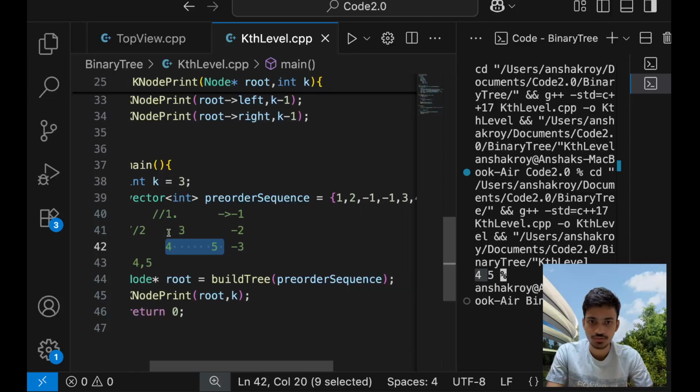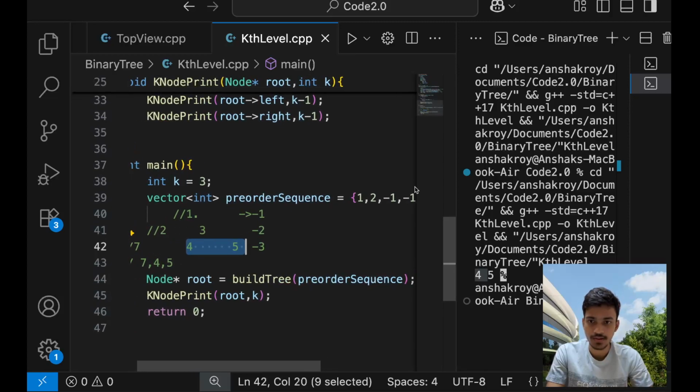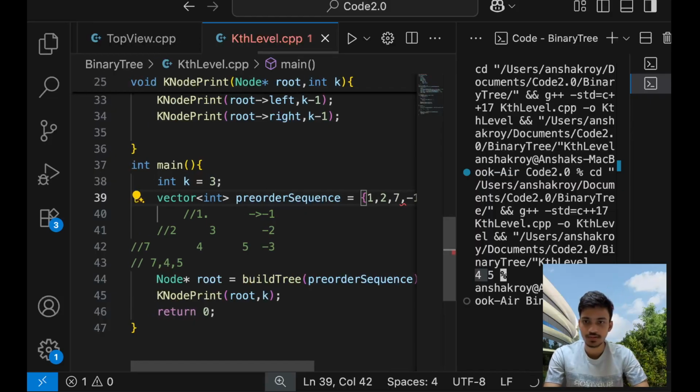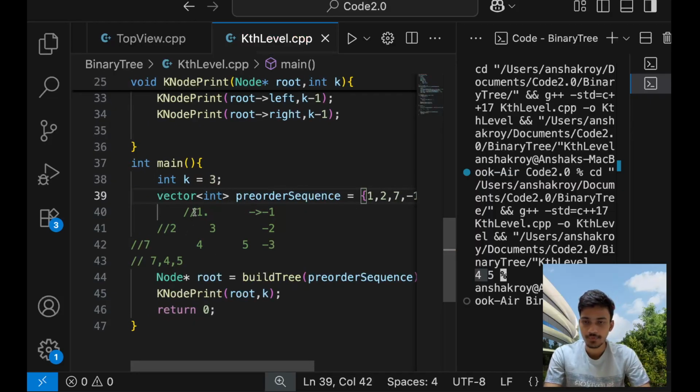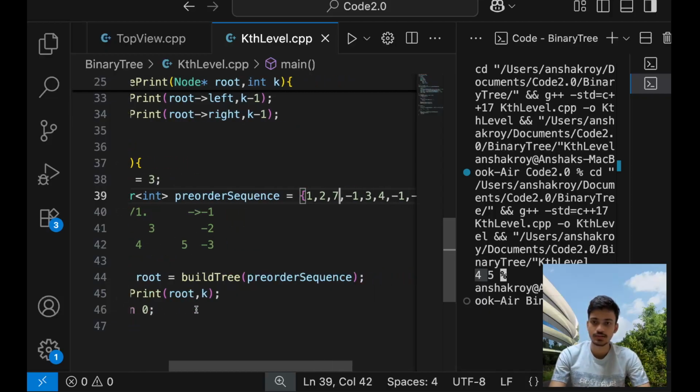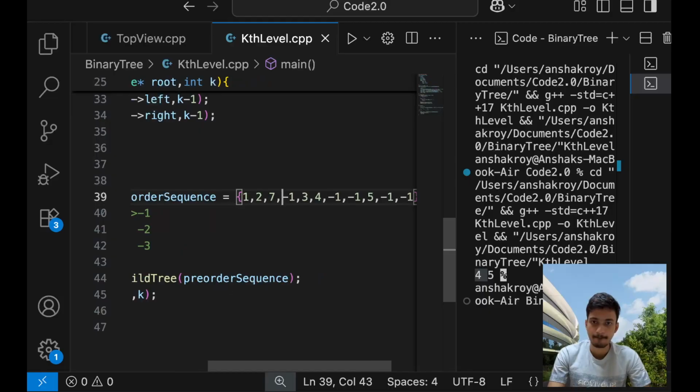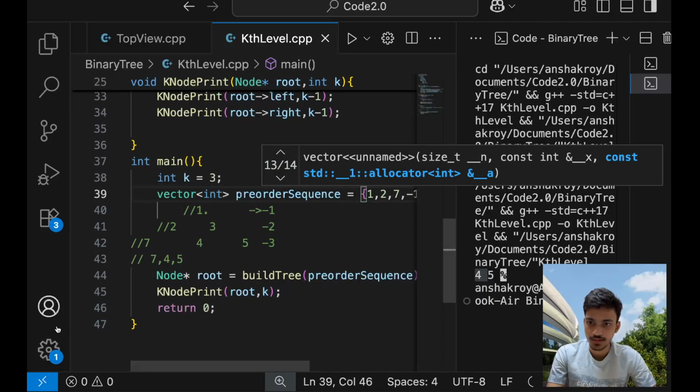1, 2, then 7, then -1, -1, then the left part, okay, and the right part.